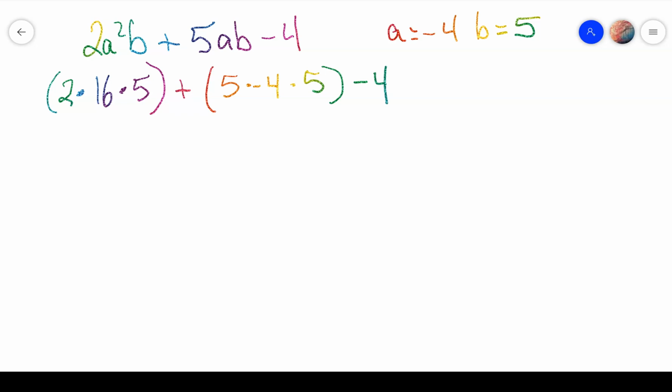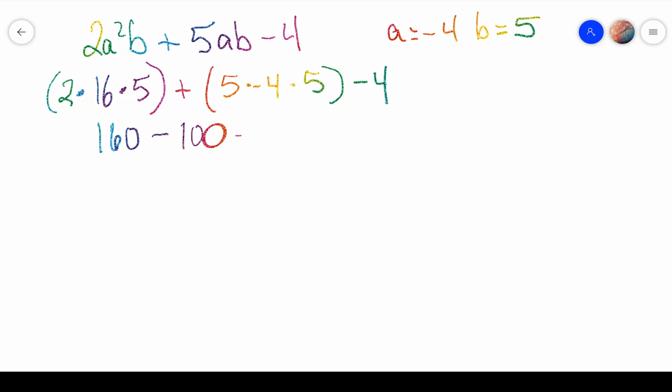Alright, and now I'm going to use my calculator. 2 times 16 times 5 equals 160. Five times -4 times 5 is -100, so that plus changes to a minus.